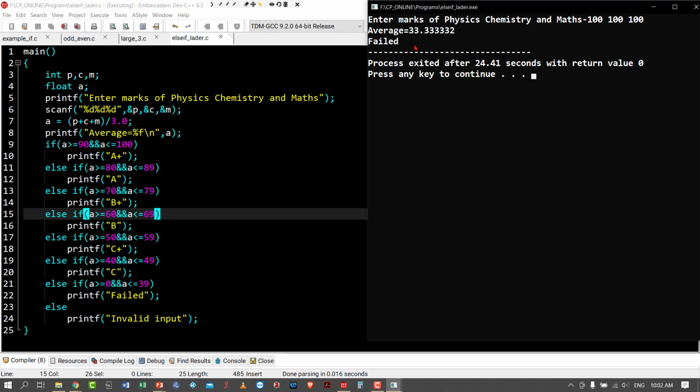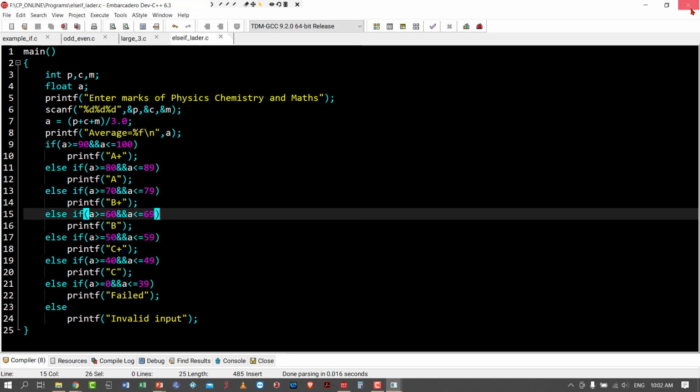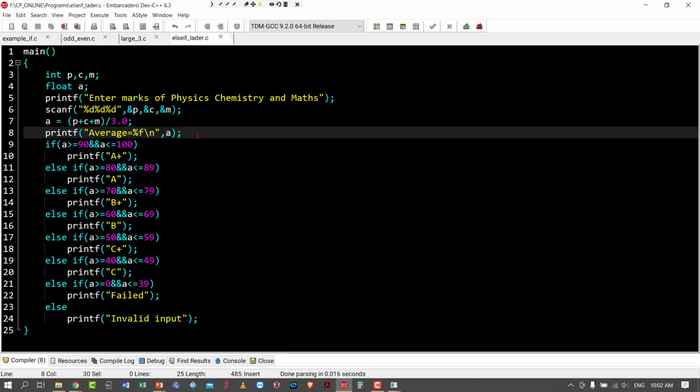The only thing is to understand the else if ladder. We have to write that line before line number 8. So to handle that, I will make some more modification.